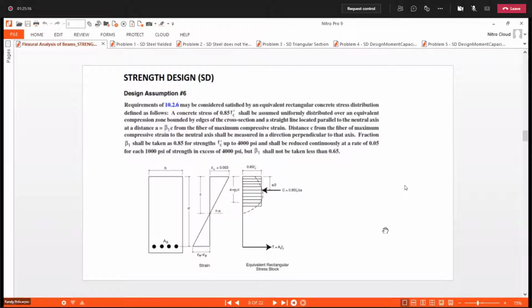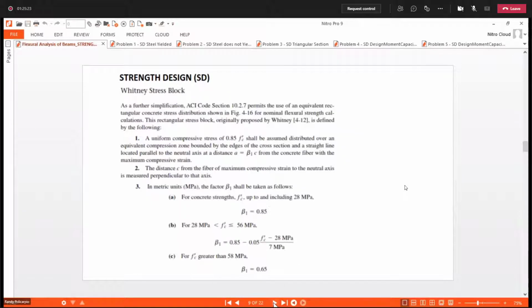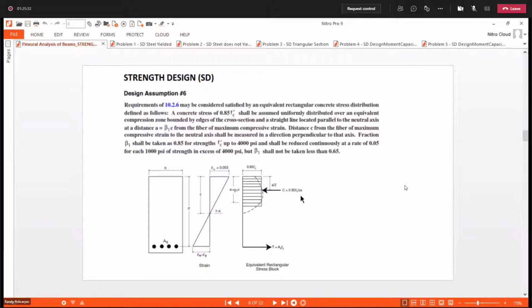So ginawang rectangle. And we call this as the work of what? The work of Whitney, no? So nakalimutan ko na lang yung first name ni Whitney, no? We call this now as the Whitney rectangular concrete block, no? Or compressive block, no?